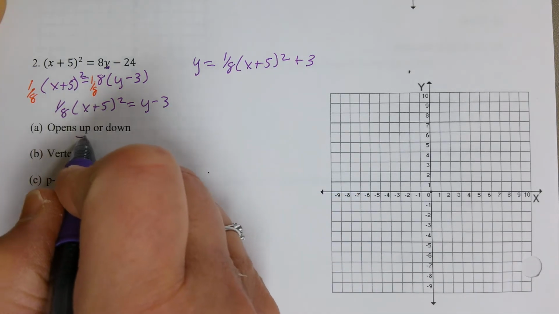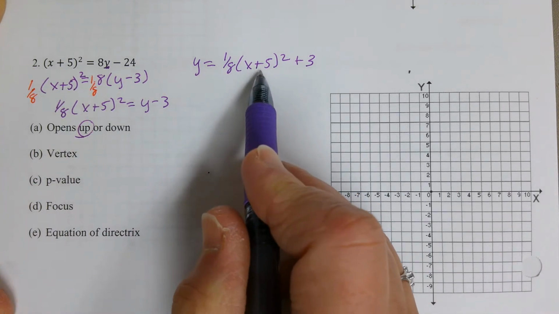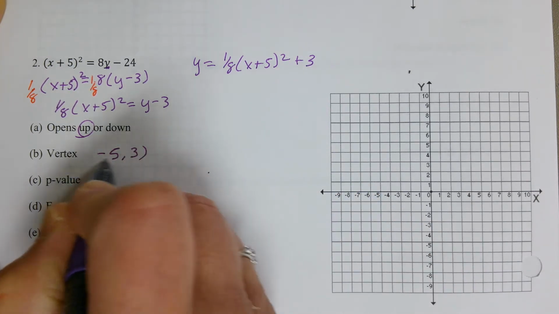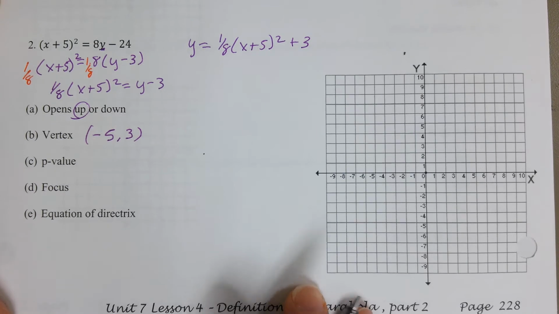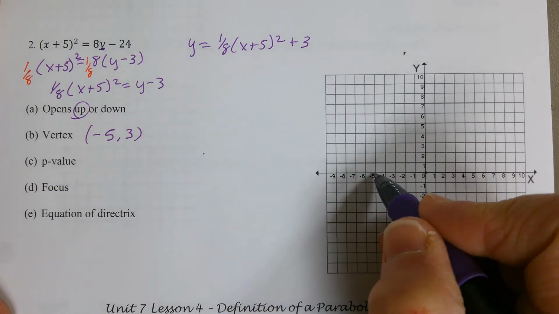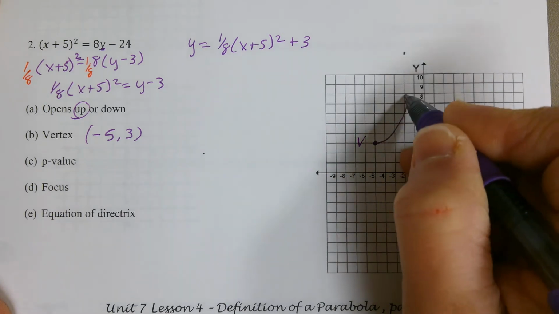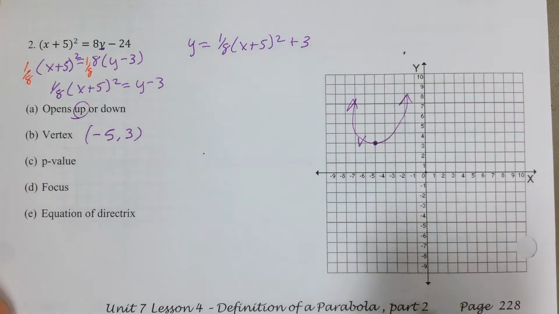This parabola opens up. The vertex, negative 5, positive 3. Plot the point on our grid. Label it V. Draw a parabola opening upward.